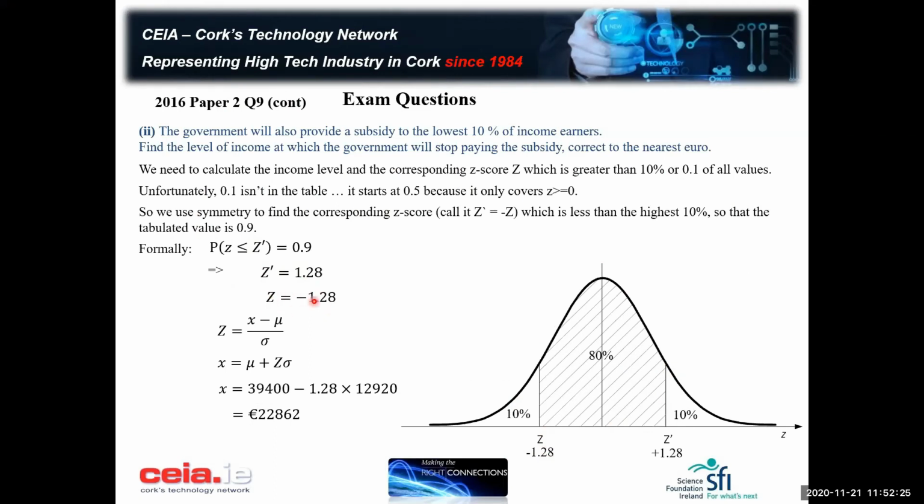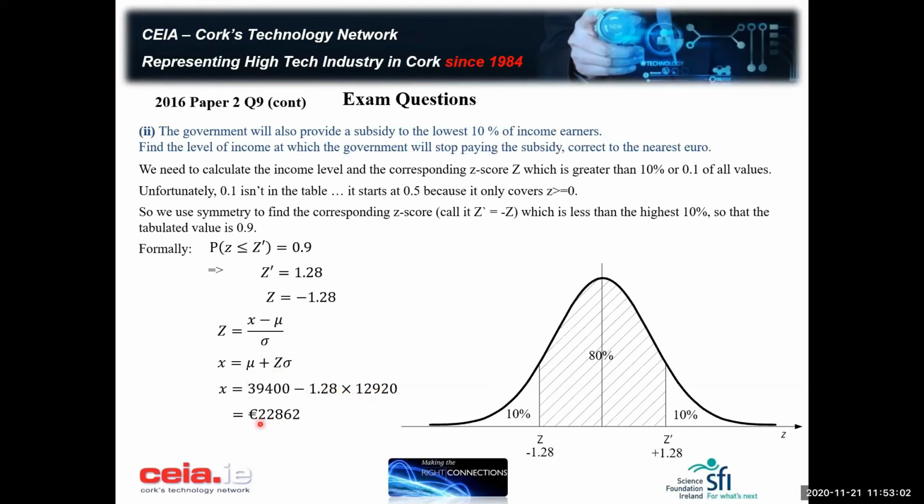Now that we know what z is, we want to convert that back into an x value. All right. So the formula for z was this. We need to turn this around to find a formula for x in terms of z. And you find that x is mu plus z sigma. The mu, as before, was the average salary, 39,400. The standard deviation sigma was 12,920, and the z in this case is minus 1.28.